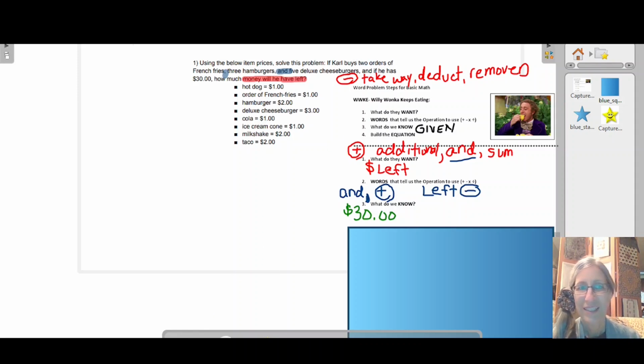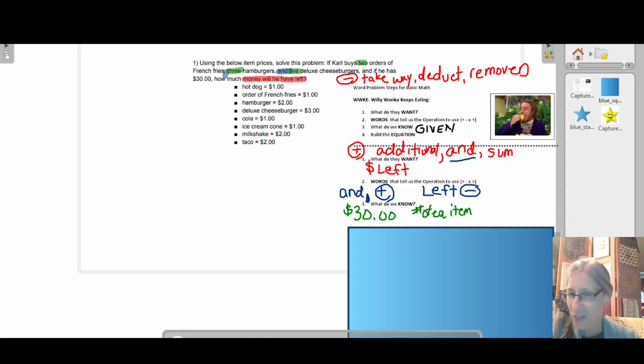He bought 2 French fries, 3 hamburgers, and 5 cheeseburgers. So we know the number of each item.